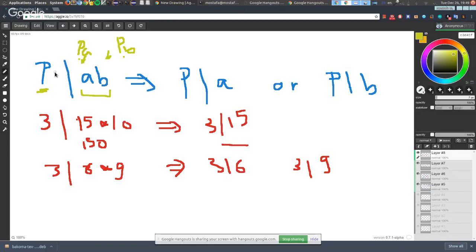So the p has to be fully contained in one of the numbers, at least one of them. It could be both.